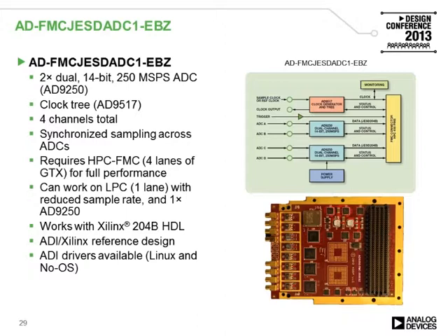The board may be clocked by either an internal clock source or by an externally supplied sample clock. The card is mechanically and electronically compliant to the FMC standard ANSI VITA 57.1. There is an ADI Xilinx HDL reference design available, as well as device drivers for Linux and NoOS.